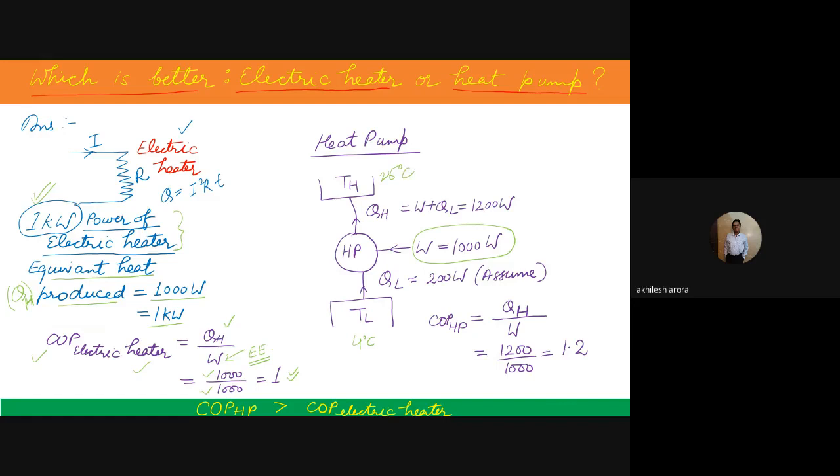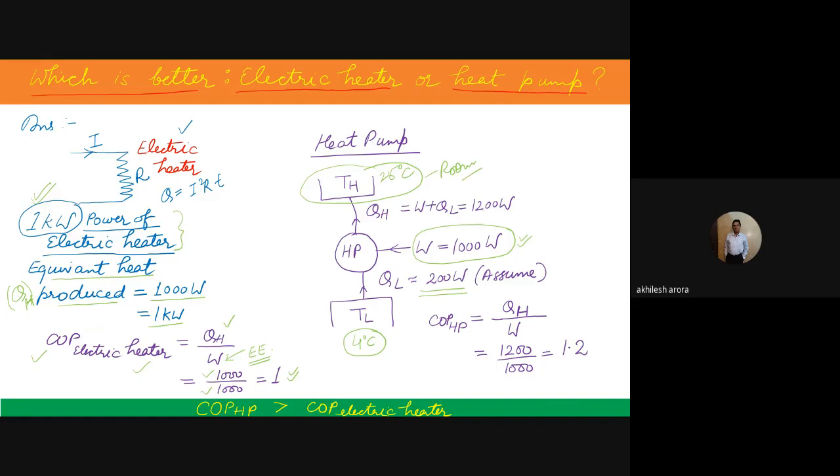Now I assume that when I supply this much work to the heat pump, 200 watts of heat is removed from the surroundings. This is the surrounding temperature, and what is delivered goes to this space, which is actually a room.